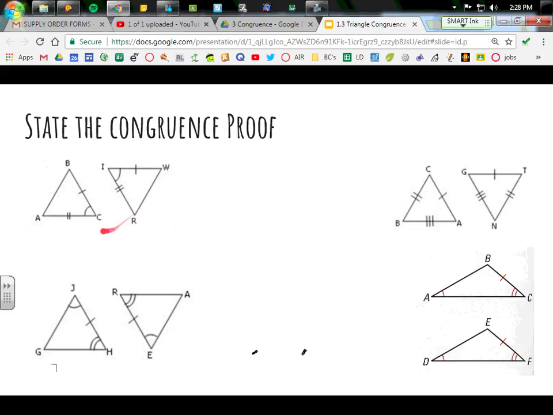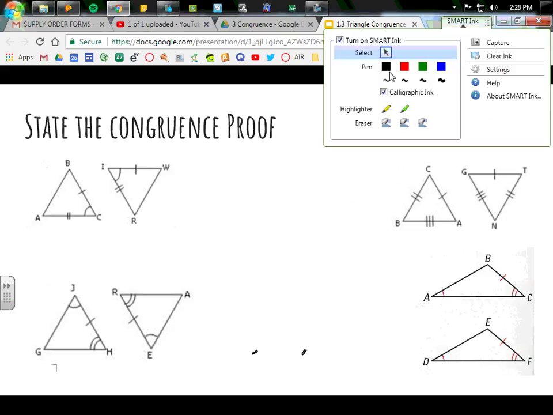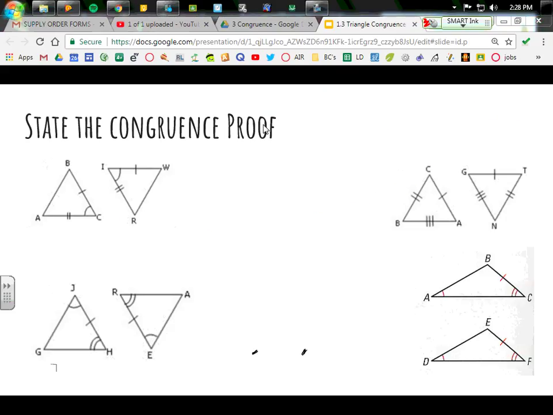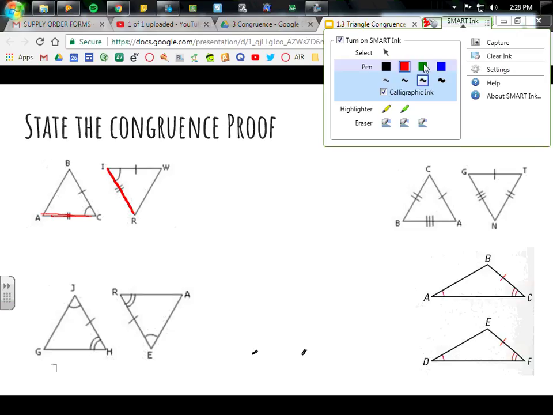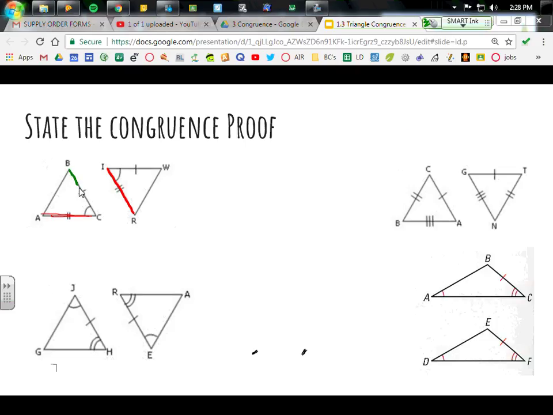Okay, so let's try a few. Let's just identify the proof. All right, so this pair of triangles here, we have this side that matches up here with this side. We have this side that matches up here with this side.